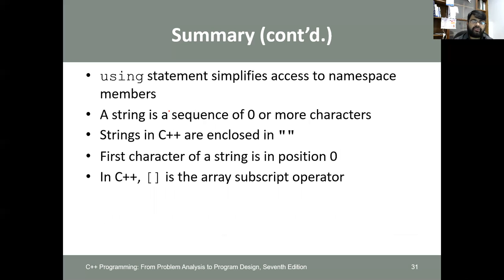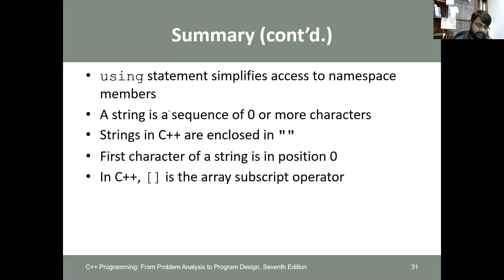A string is a sequence of 0 or more characters. So we saw the string data type. It is basically a sequence of 0 or more characters strung together. Strings in C++ are always enclosed in double quotes. The first character of a string is in position 0. In C++, the array subscript operator is used to access a particular character, from position 0 to position n-1.